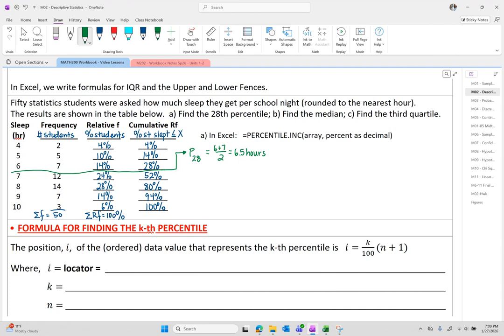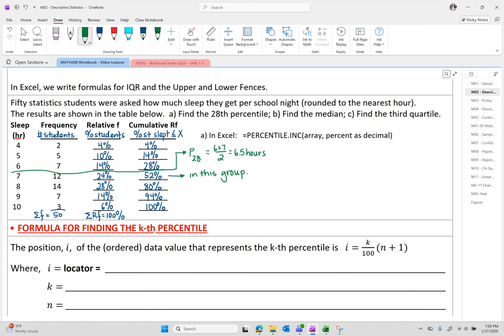If I want to find the median, the 50% location is in this group. So 25 of the 50 students said some number between 4, 5, 6, and 7, and 25 of the 50 students, the other 50%, said some number between 7, 8, 9, and 10.